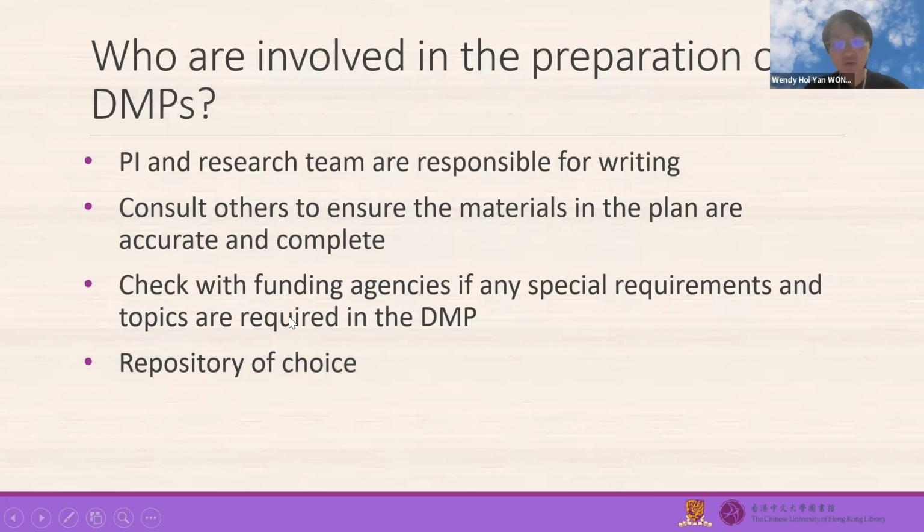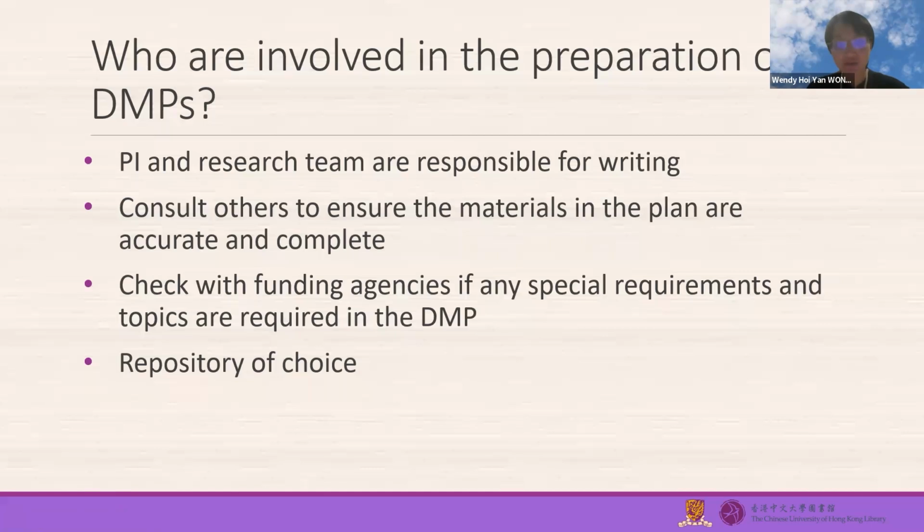Furthermore, you have to know clearly what the funding agency's requirements are. Some funding agencies have their own data management plan templates. For example, the Medical Research Council in the UK has its own data management plan template that you have to use in order to finish the data management plan, instead of using any other.